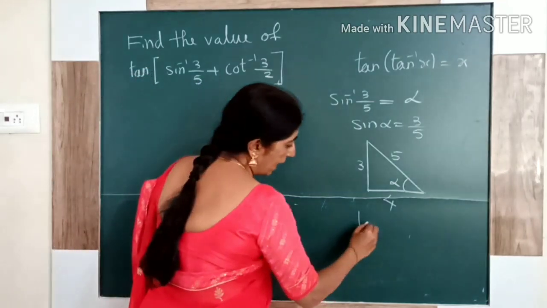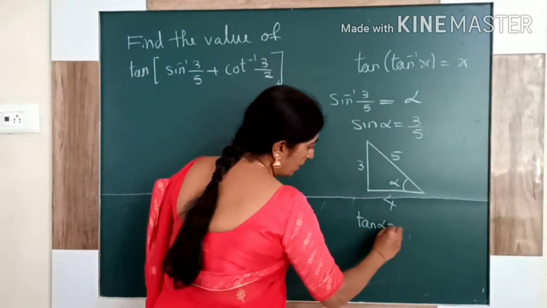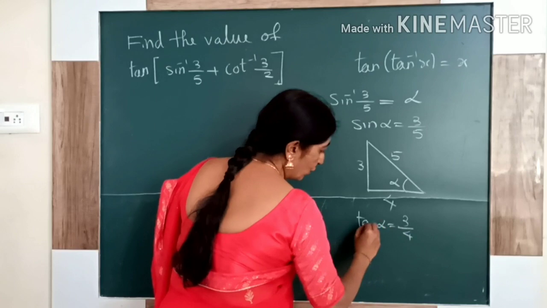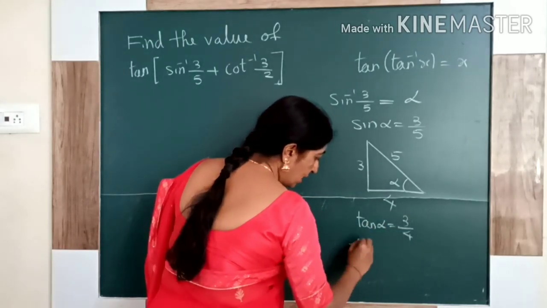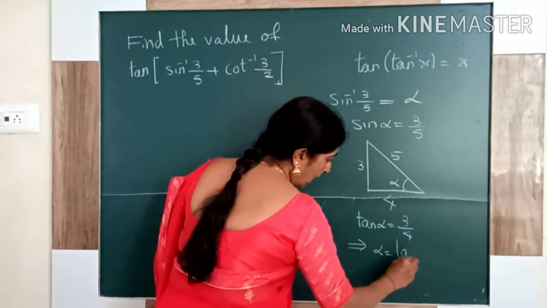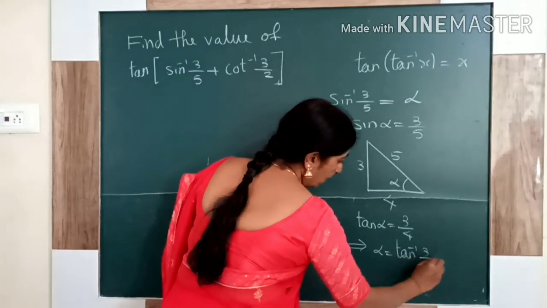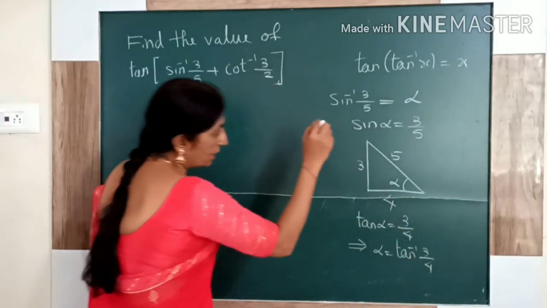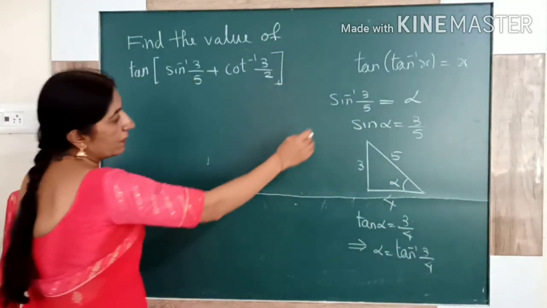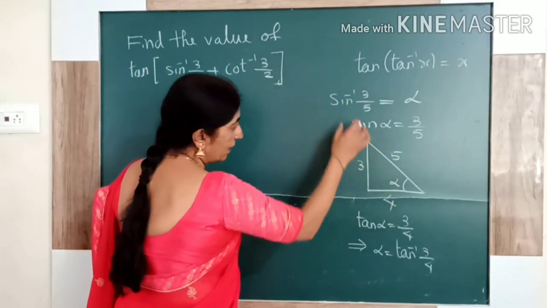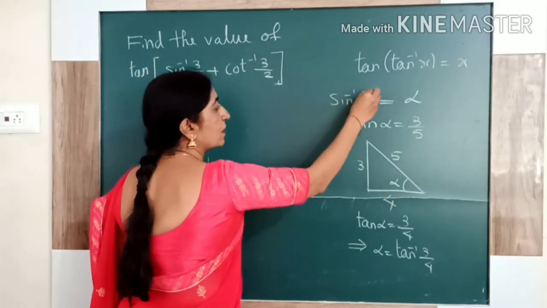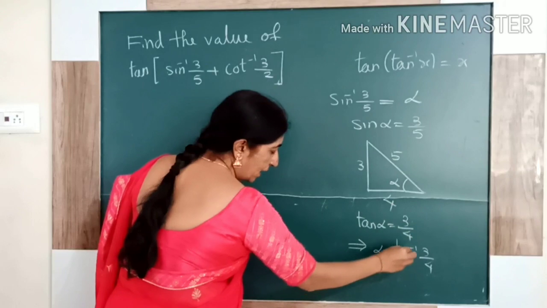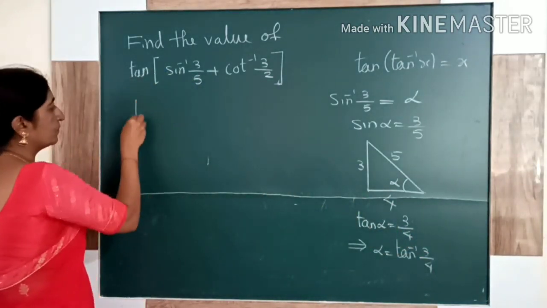So write down tan alpha. Tan alpha is 3 by 4. If you take only tan on that side, alpha is equal to tan inverse 3 by 4. So see this carefully, we are defining these two in the same triangle. So in place of sin inverse 3 by 5, you can write tan inverse 3 by 4.